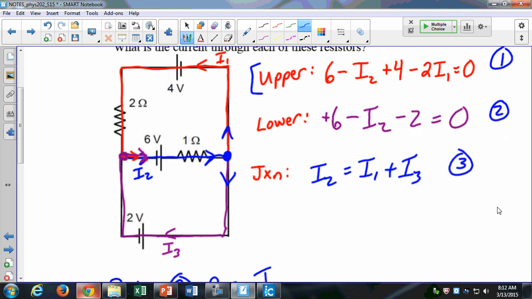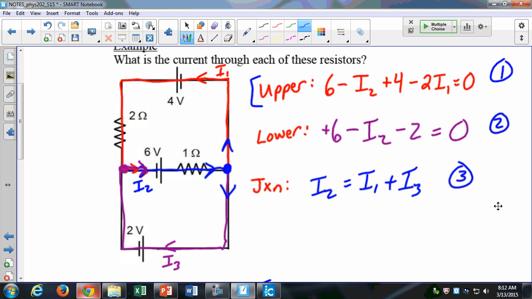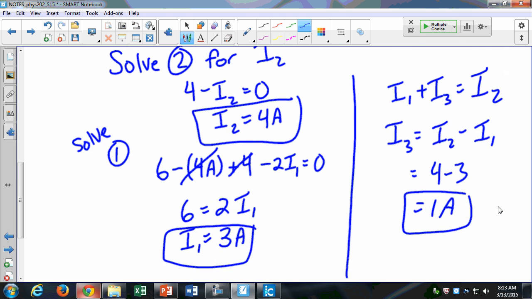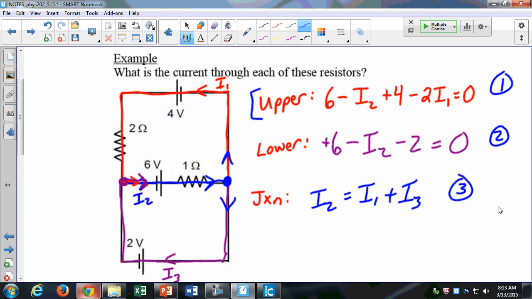Yeah, Gary? So on the exam, is our final answer going to matter if it's positive or negative? It will matter. When you give your final answer, you will say I1. Let's say we found I1 to be 3 amps. So you'd say I1 equals 3 amps counterclockwise.